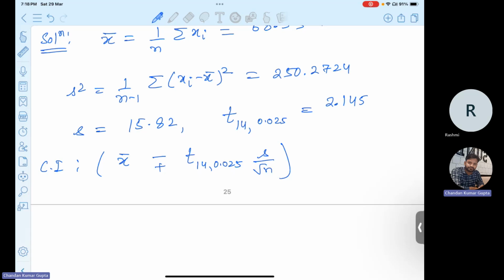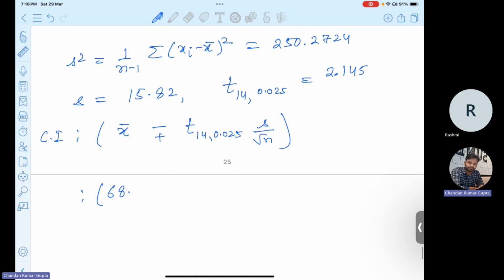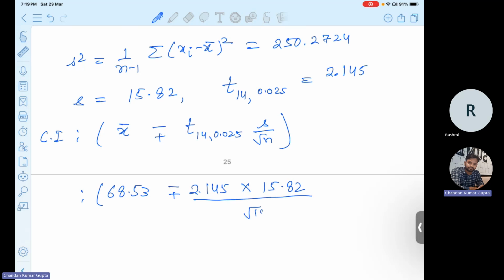This is the formula. So obviously x bar is 68.53, minus plus 2.145 multiplied by the value of s, 15.82, and under root 15.